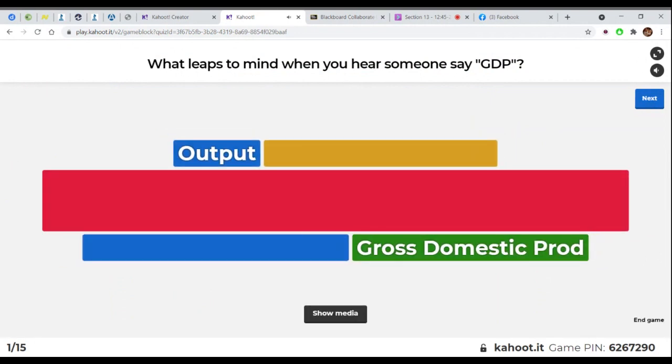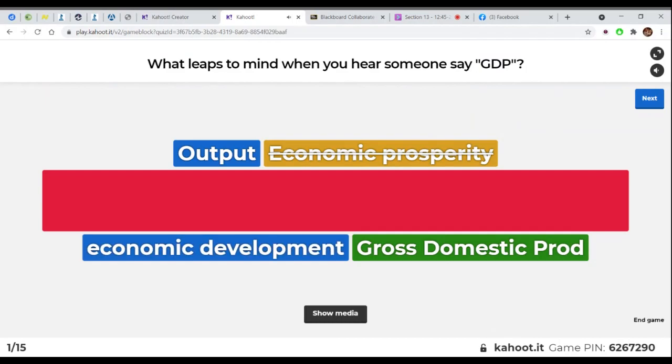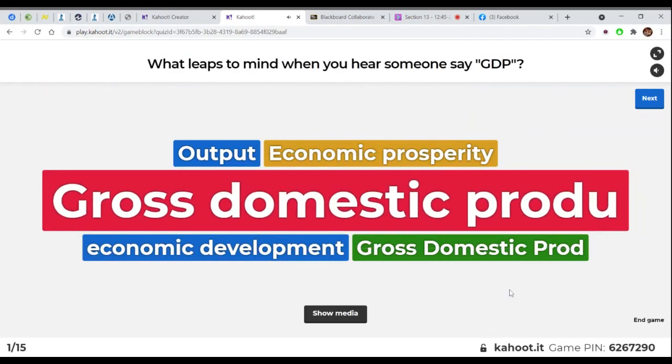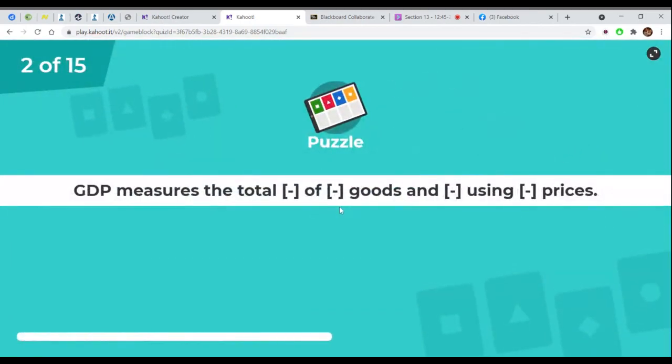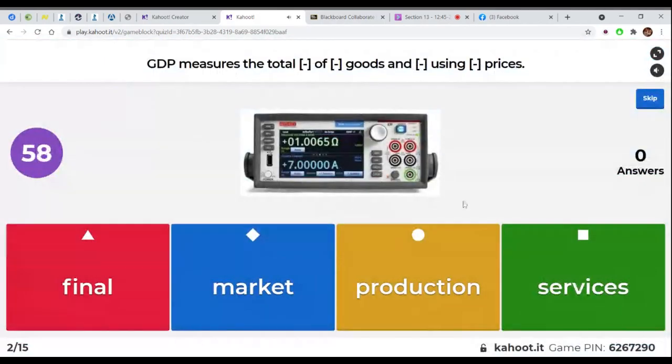Let's see. Outputs, gross domestic product, economic prosperity. Okay, good. Excellent. So it makes you think about what it is. This one you have to order some words. GDP measures the total something of something goods and something using something prices. So pull them into the right position, and then click the K to submit your answer.